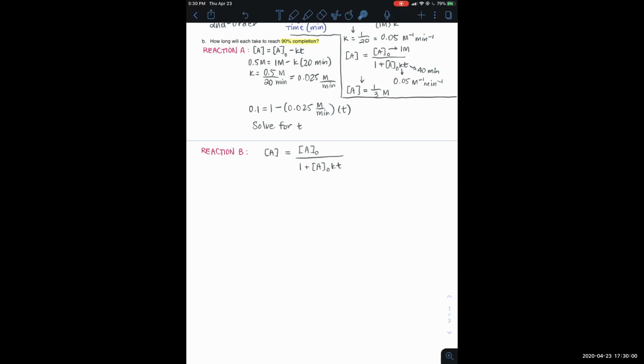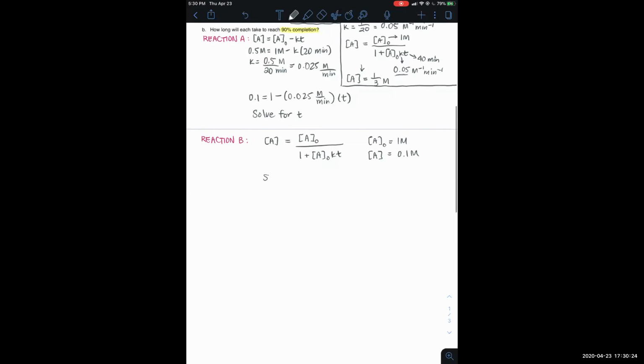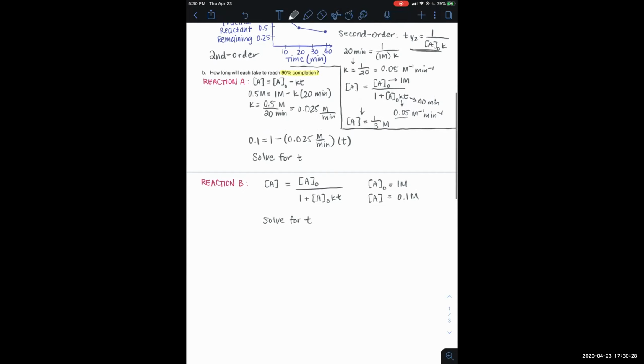We know that K is equal to 0.05 per molar per minute. Here again, the initial concentration would be 1 molar, and the final concentration would be 0.1 molar. And so then we can again solve for T, and that's the answer.